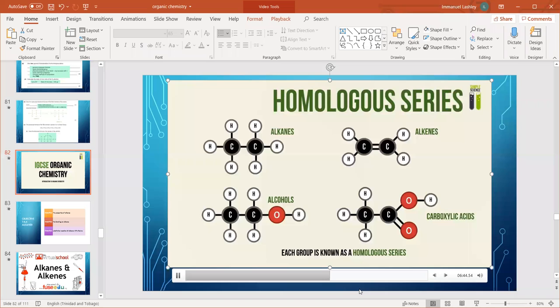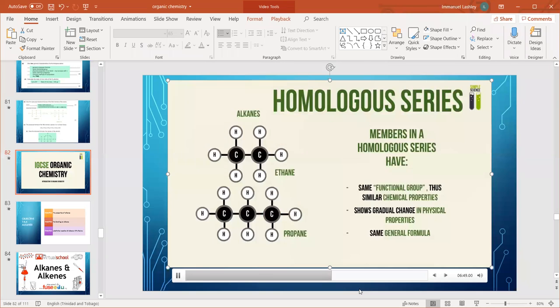And the great thing is that each homologous series shares similar characteristics. All members of a homologous series will have the same functional group, which is basically responsible for the chemical properties. Don't worry about this. All three of these bullet points I will describe in detail in the next couple of slides.